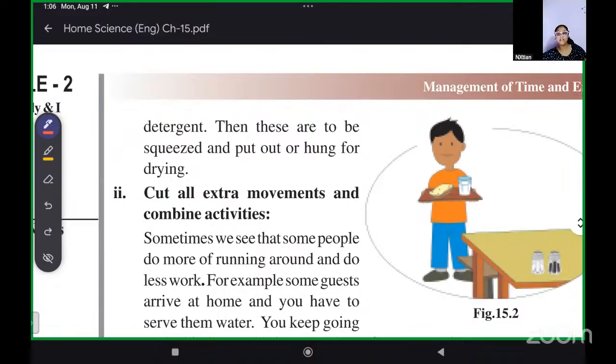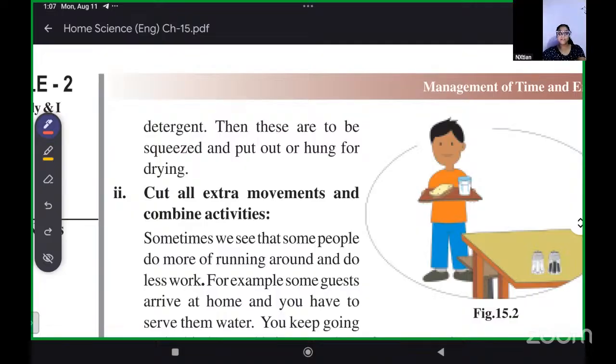So in the washing of clothes also, in the previous chapter, we saw different types of activities that take place while we wash clothes. First we pick up the clothes, we sort them. We take the colored clothes together and separate them from the white clothes.